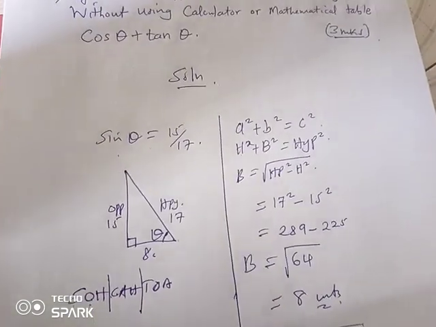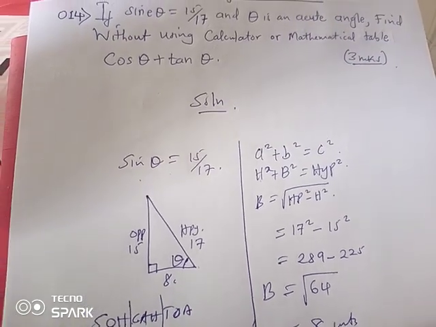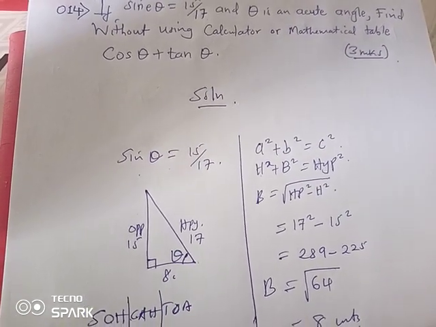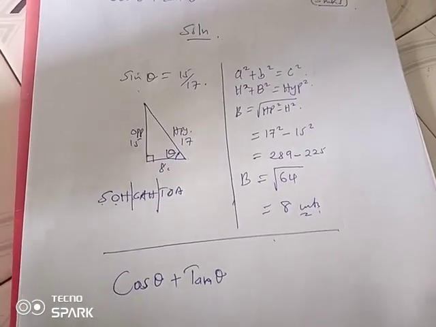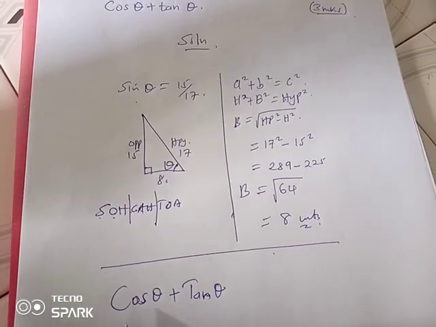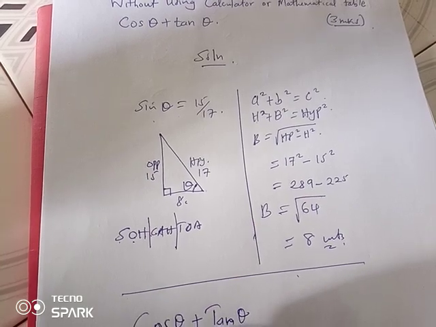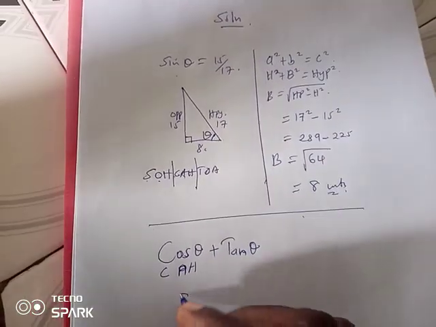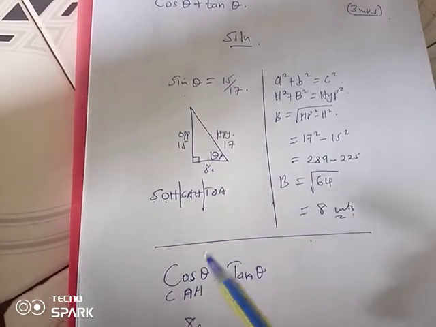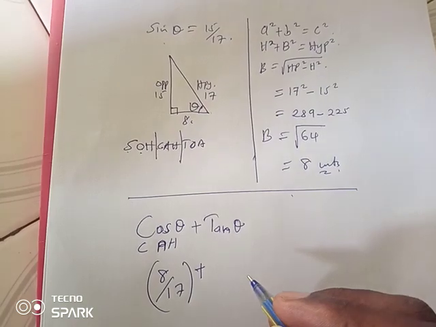So we are now asked to get cos theta plus tan theta. It's very easy. We are just going to use our triangle. So cos theta becomes adjacent of theta, which is 8, over hypotenuse, which is 17, plus tan theta.